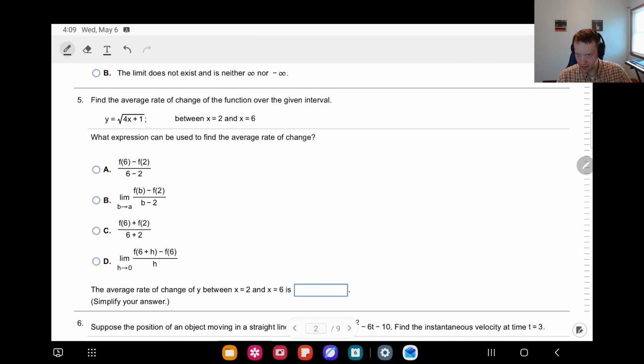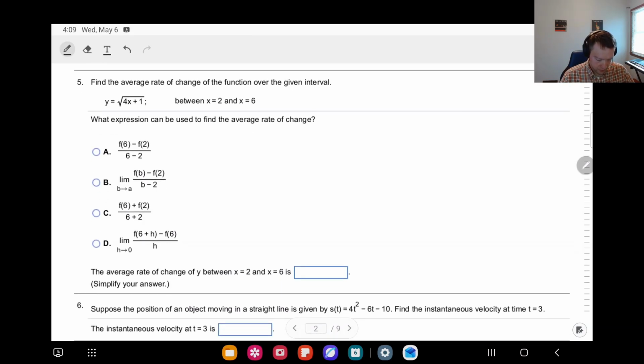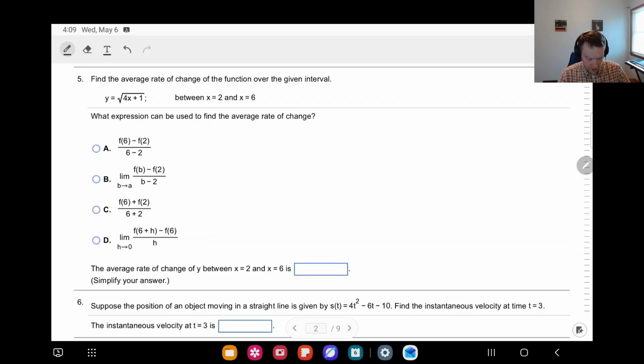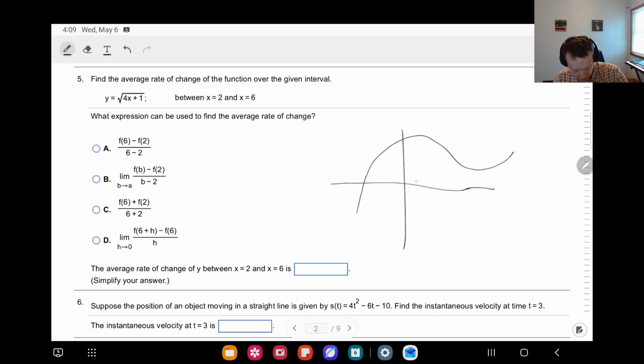Okay, average rate of change. We're asked to find the average rate of change of the function on an interval. So to remember this formula, think of this as the slope of what's called secant lines. Like say this is A and B, and we're looking for the average rate of change on this interval.